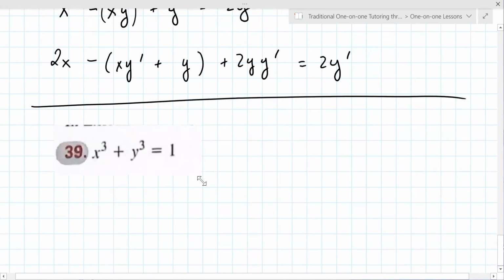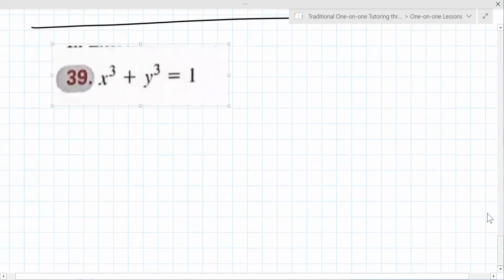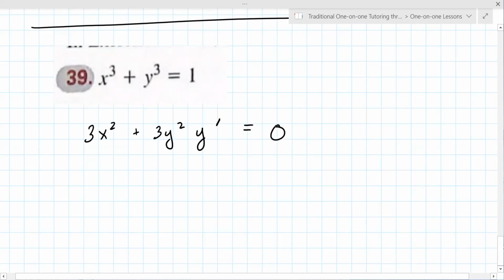Okay. So yet again, you've got to do the implicit derivative here. So it's 3x squared plus 3y squared y prime equals 0. Let me know if that's clear. Yeah, makes sense.